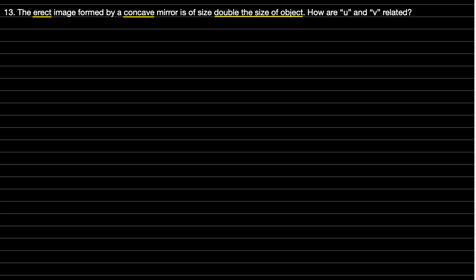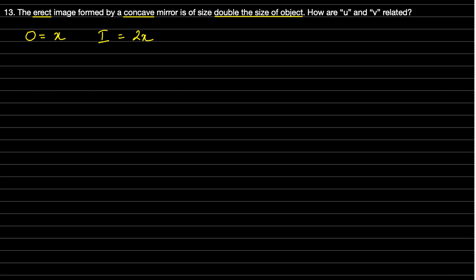So it's very similar to the previous one. So here again, object size, we consider it as X. Image size is double the size of the object. That means it's going to be 2x. And since it is an erect image, we don't need to add any minus sign. It's going to be plus only. So we have it at plus 2x.